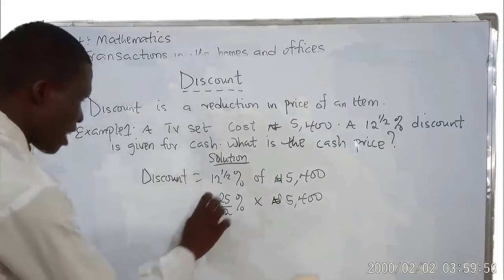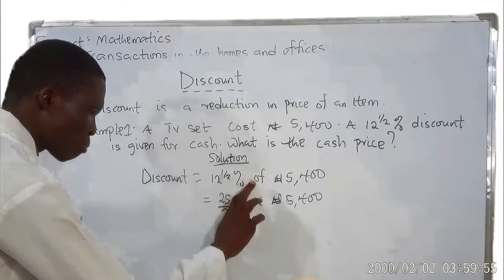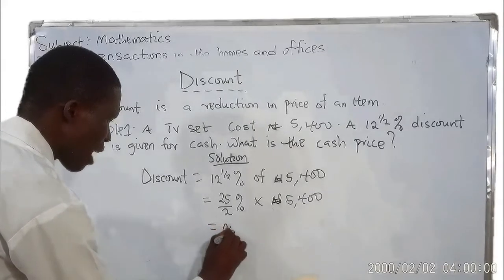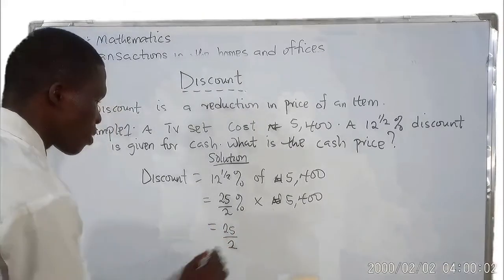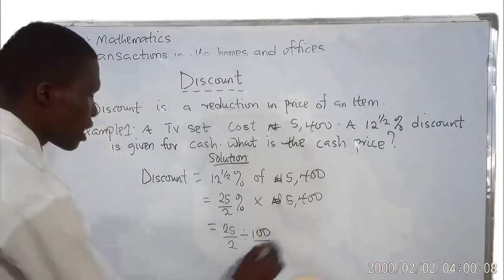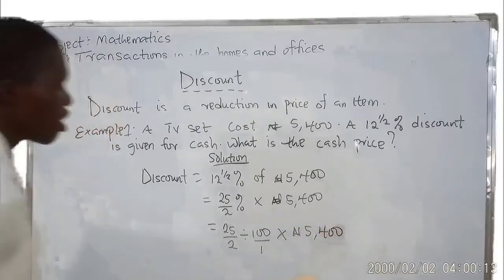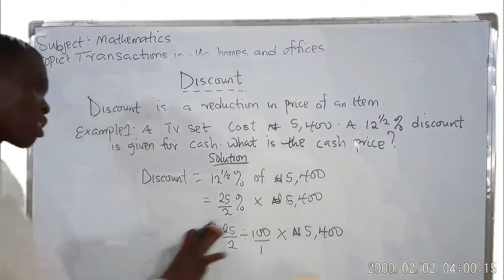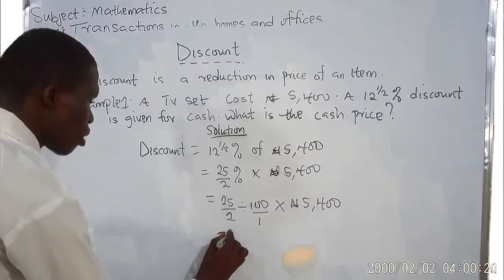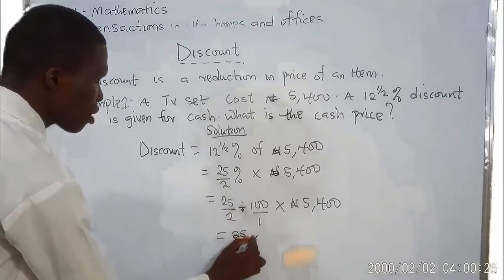Now, you can see that this is a fraction. Changing the fraction with percentage, how can we do this? Just do like this: 25 all over 2 divided by 100 all over 1 multiplied by 5,400. That's what we call the reciprocal law here. That reciprocal law will make this division change to multiplication.